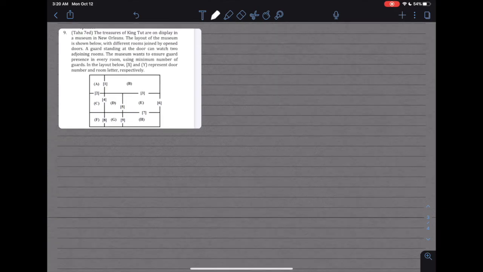So what do we want to know? We want to know if a guard is present in a door. So we let xi be equal to 1 if a guard is present in door i, 0 otherwise.